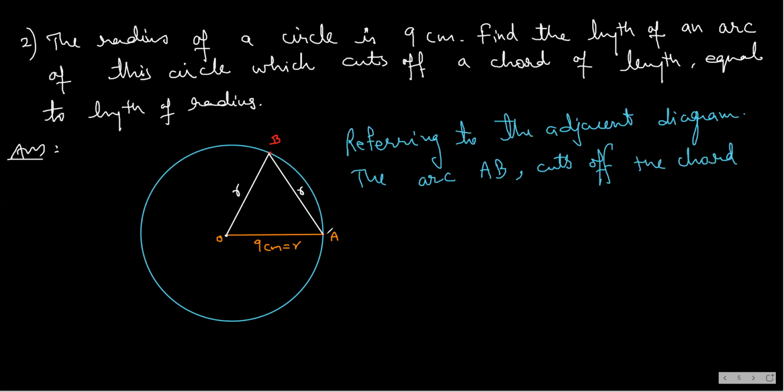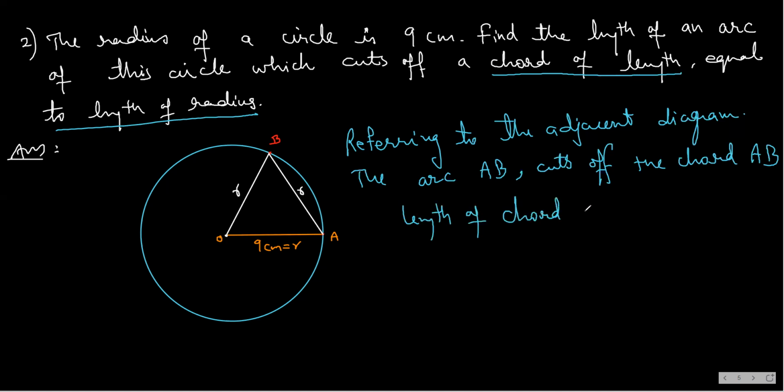You check this. See, can you see the arc AB? Yes, it cuts off the chord AB. See, arc AB, when you join A with B, it gives you a chord AB. And what is the length of that chord as per the given question? It's clearly said, chord of length equal to the length of the radius. Even this chord has length equal to the radius. So I'll write cuts off a chord AB, and I write here length of chord AB equals R.